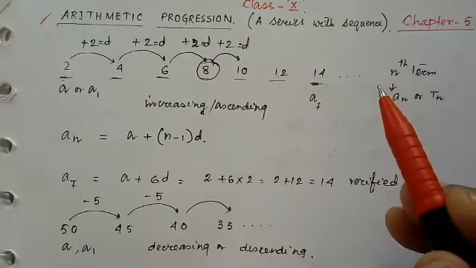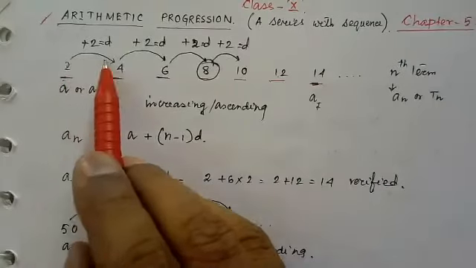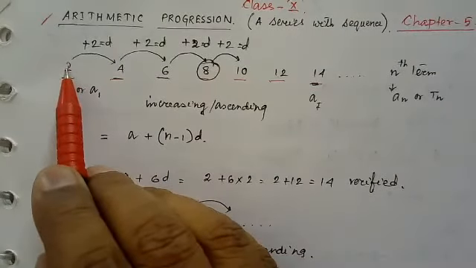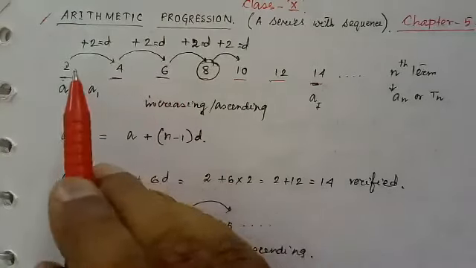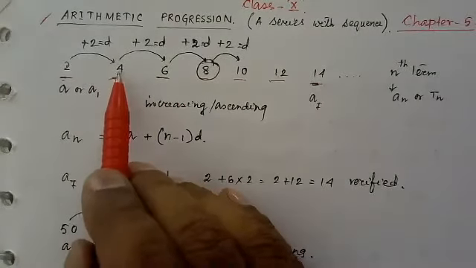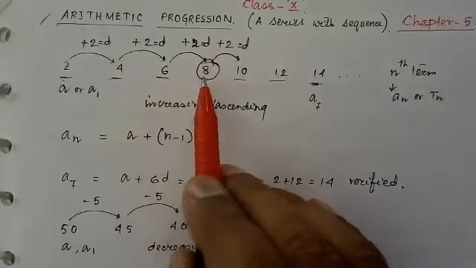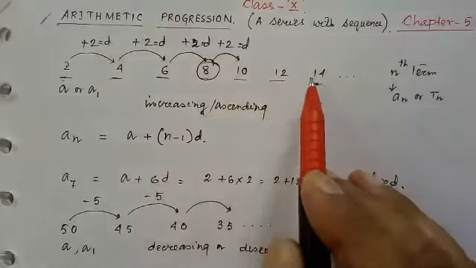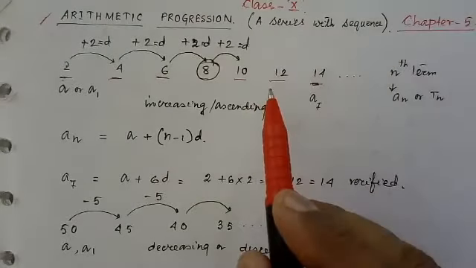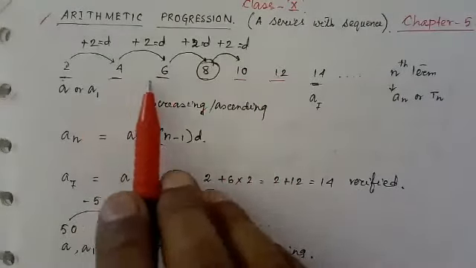How is it? By adding 2 to the previous term, we get the next term. 2 plus 2 is 4, 4 plus 2 is 6, 6 plus 2 is 8, 8 plus 2 is 10, 10 plus 2 is 12, 12 plus 2 is 14, like that. This is called AP.